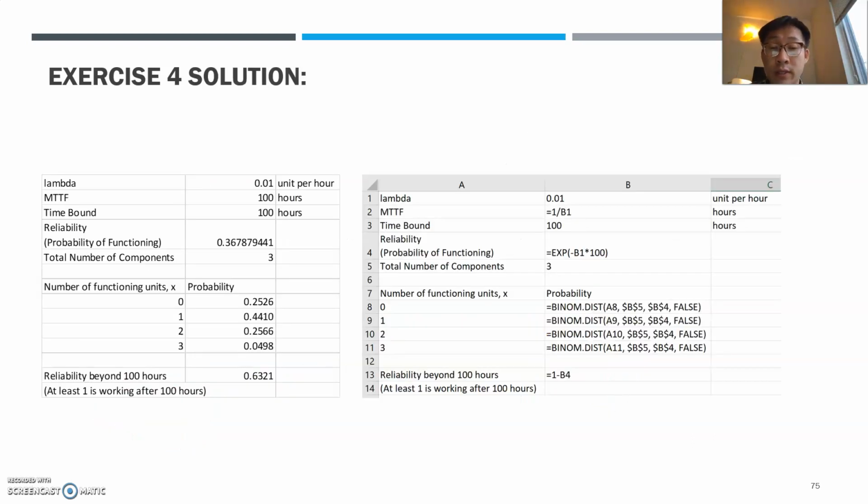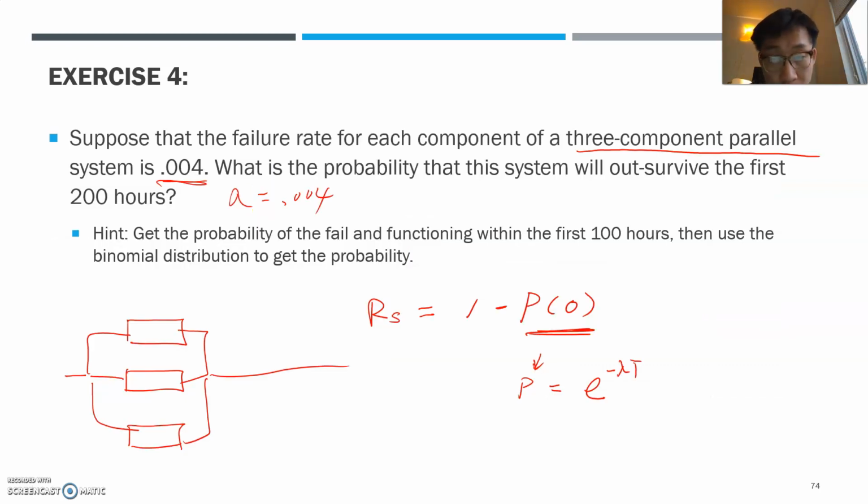Let's move on and take a look at the solution. Because our lambda is 0.01, and MTTF is 100, and what is the time bound? I think there's a slight mistake in here. Let's fix this as 100, instead of 200.